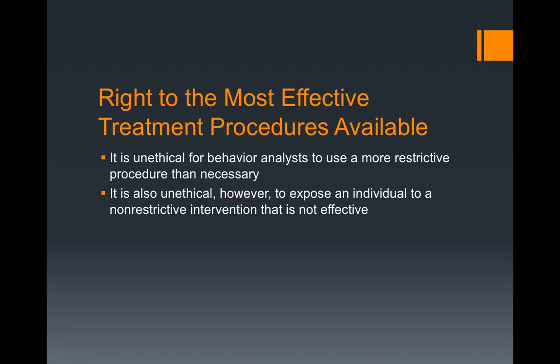So as we've talked about, both when we were going over the code, and as Van Houten and Vanderman talk about, it is unethical for behavior analysts to use more restrictive procedures than necessary. We use the least restrictive procedure necessary to accomplish our goal.